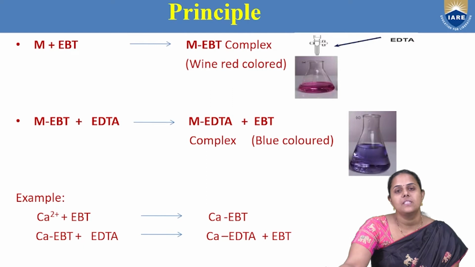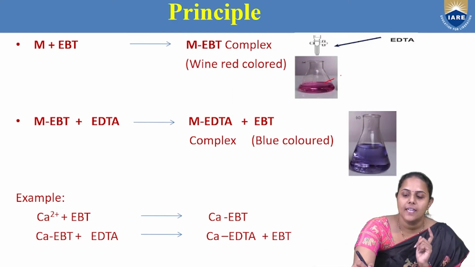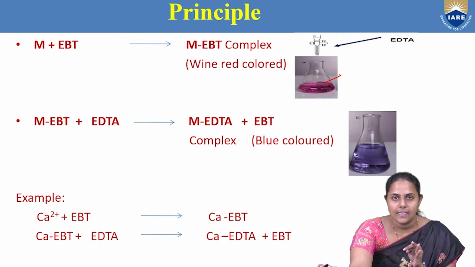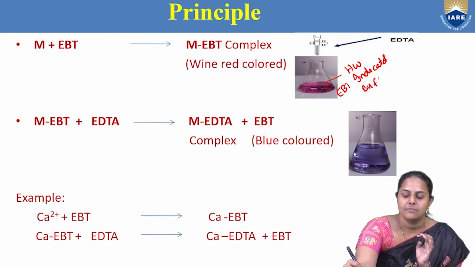Let us get into the principle. What did I tell earlier? In the conical flask, we will be taking hard water, EBT indicator and buffer.